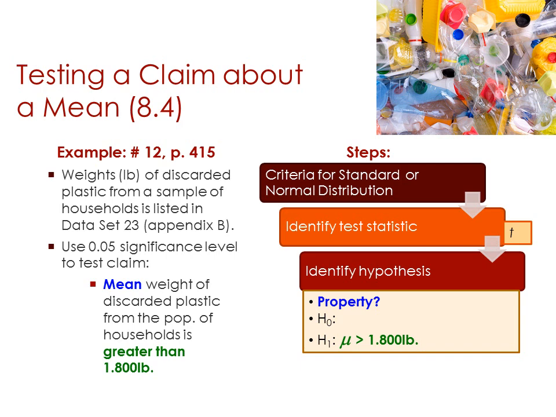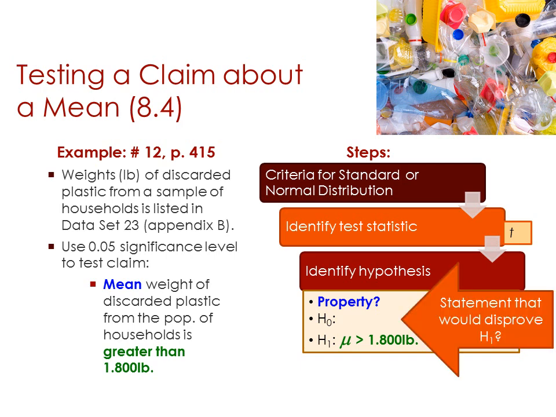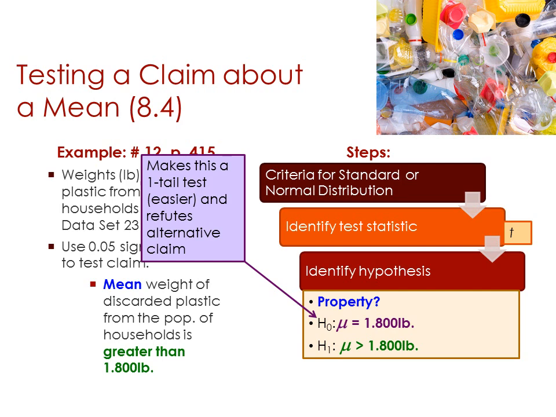All right? Now we need to decide what our null is going to be. So what statement would disprove my alternative hypothesis? So if the mu is not greater than 1.800, what statement would show that that was not the case? Well, in fact, we can set it as being equal to. And we're going to see this makes it a one-tailed test, which makes it a little bit easier to refute our alternative claim.